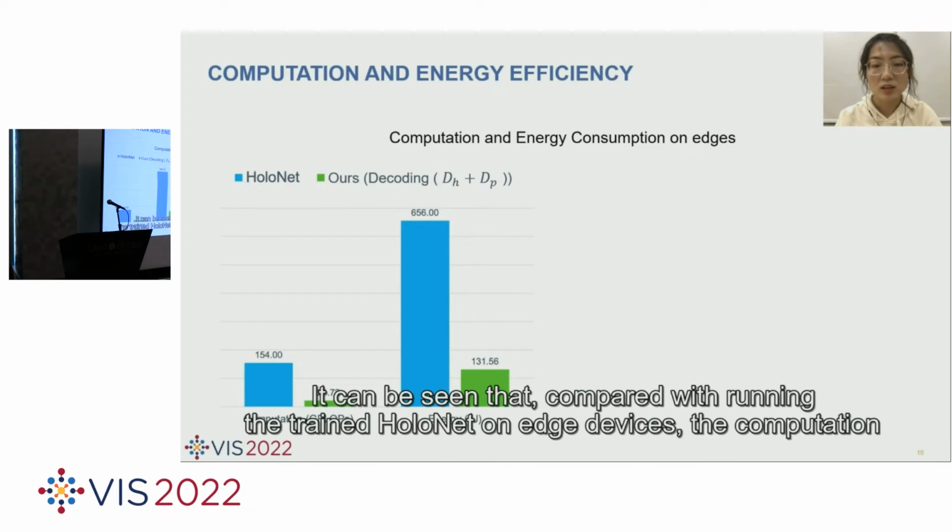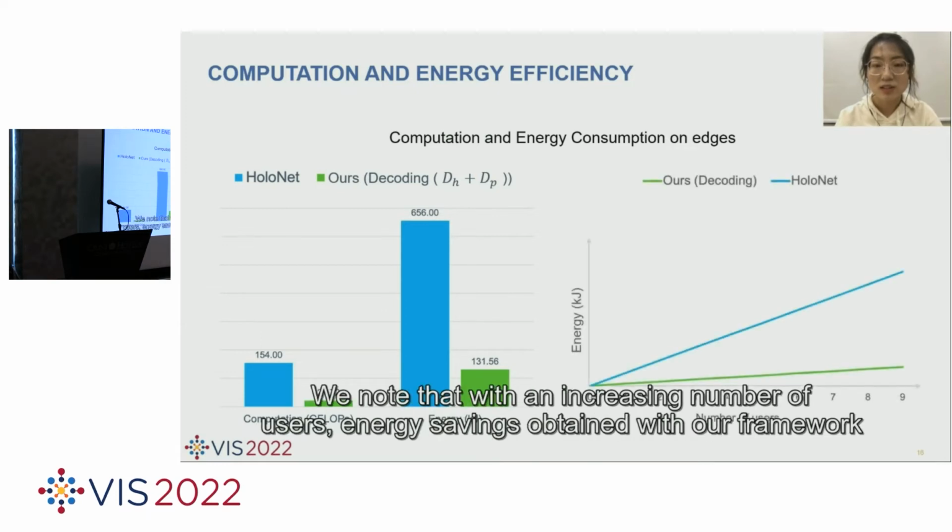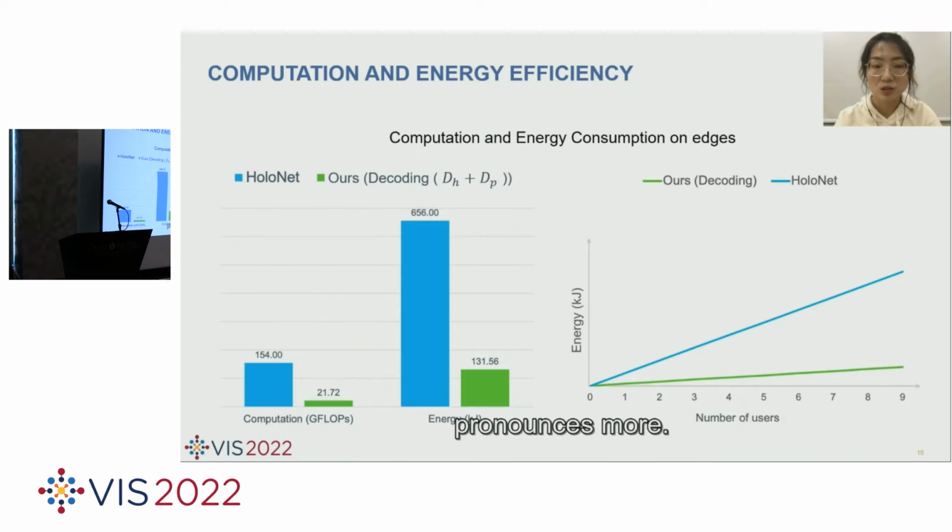It can be seen that compared with running the trained HoloNet on edge devices, the computation and energy consumption for decoding modules in our framework are significantly lower. We note that with an increasing number of users, the energy savings obtained with our framework become more pronounced.